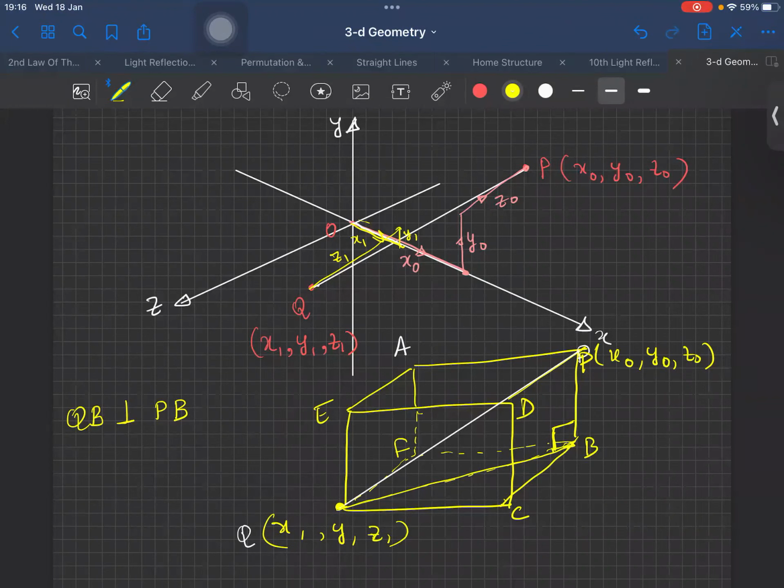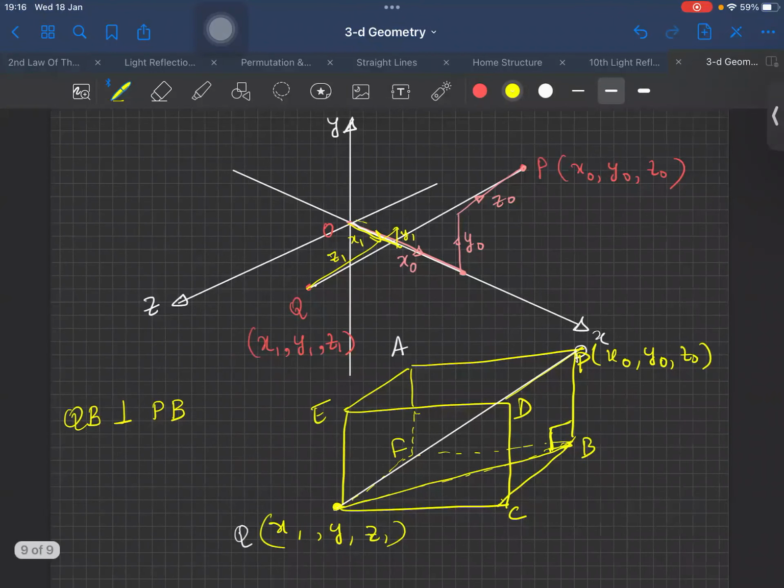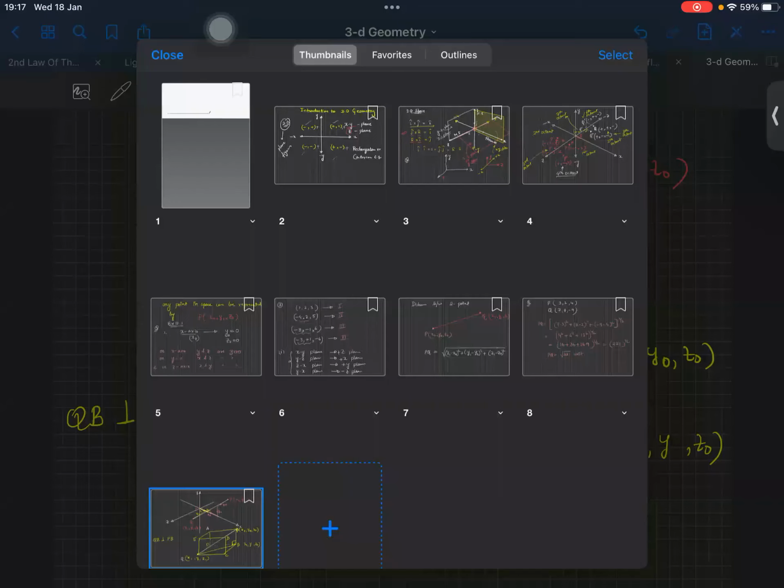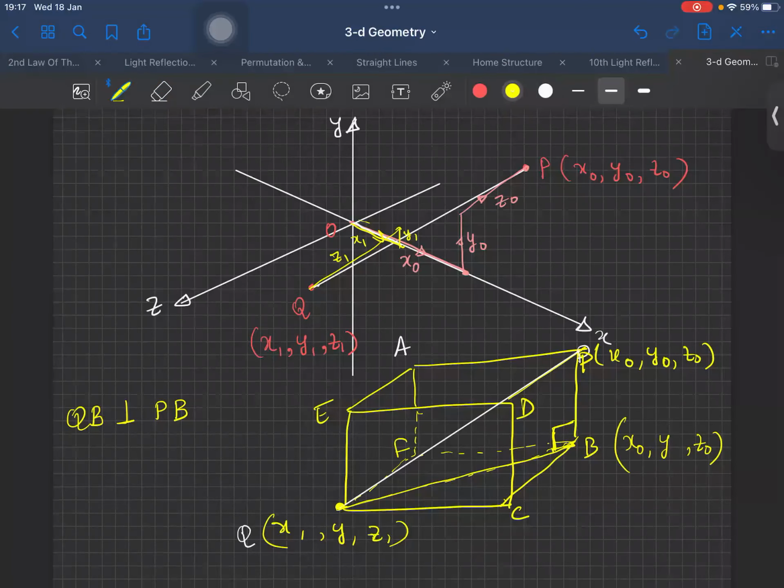We know how to find QB, because what will be the coordinates of point B? It is on the same line, so what is changing? Just y is changing, all others remain the same.